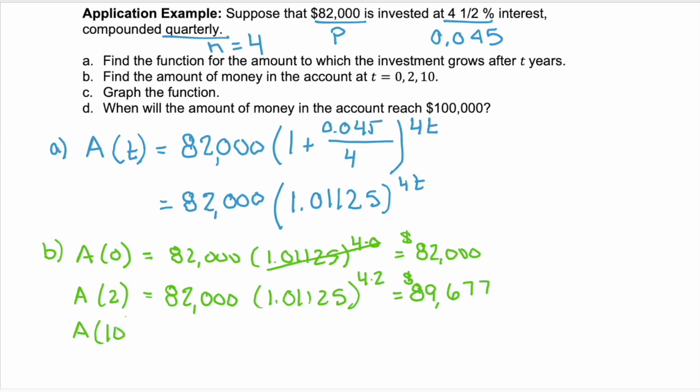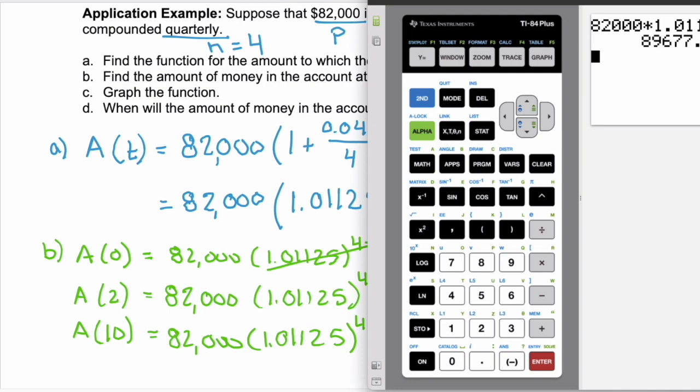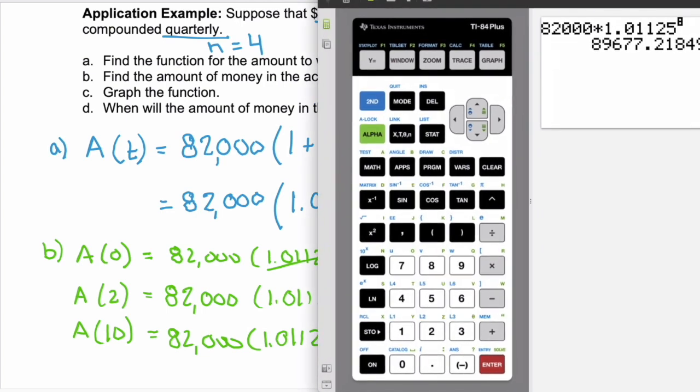A of 10 would be how much money after 10 years. So 82,000 times 1.01125. Our exponent is 4 times 10. Let's plug that into our calculator real quick.